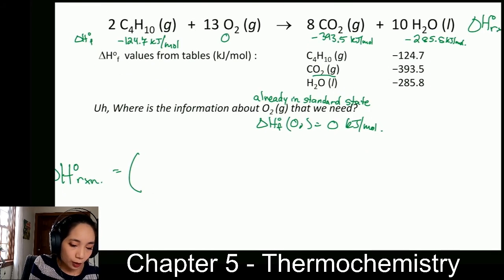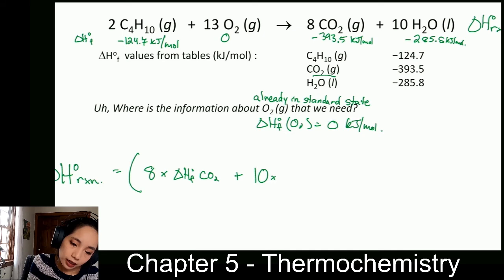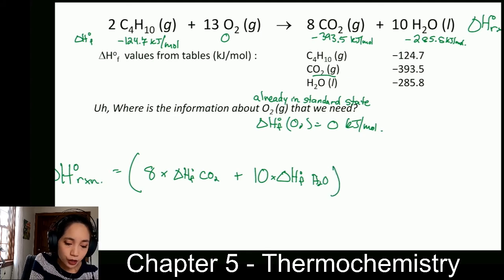So, how I will put this together, I'm going to do 8 times the delta H of formation of CO2. So, that one first. And then I will add 10 of the delta H's of formation of water, H2O.